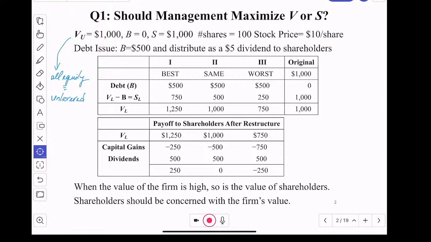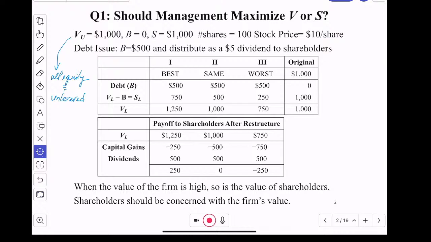However, remember that valuing stock is not just market valuation. We don't just look at the impact on the market value of the firm. We also look at their dividends, right? So remember that we took those $500 and we gave it back, or we gave it to the shareholders. So let's look here at the impact.